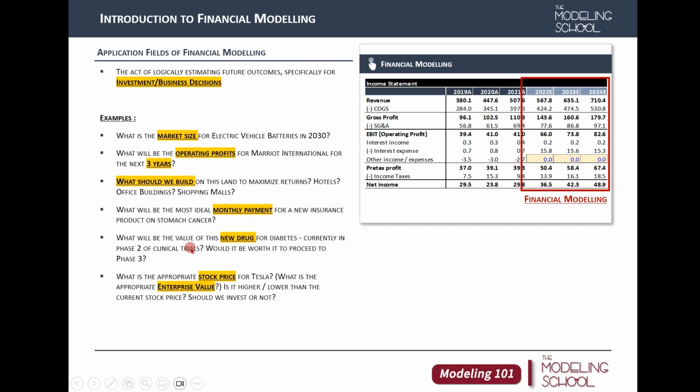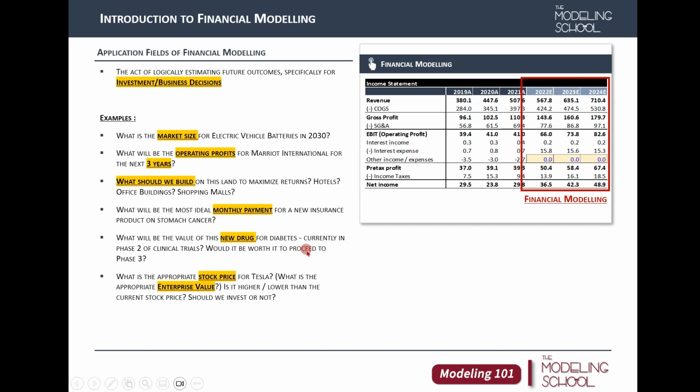What will be the value of this drug for diabetes? It's currently in phase 2 of the clinical trials. Would it be worth it to proceed to phase 3? Again, it's a huge investment from the pharma or biotech perspective.